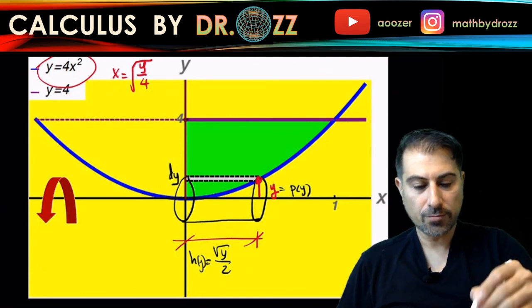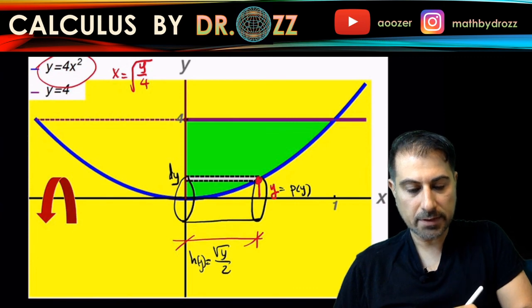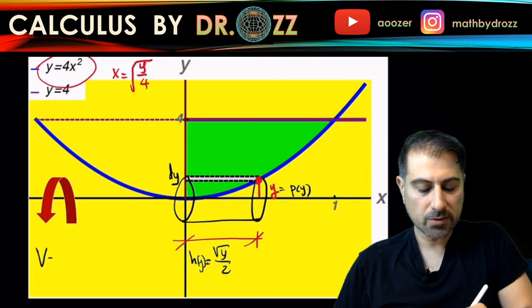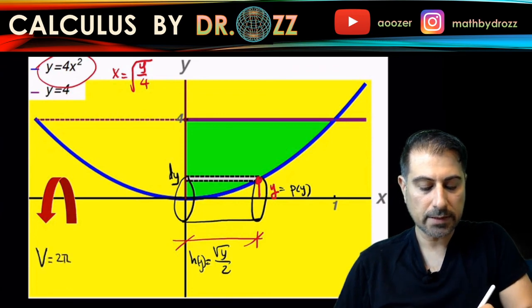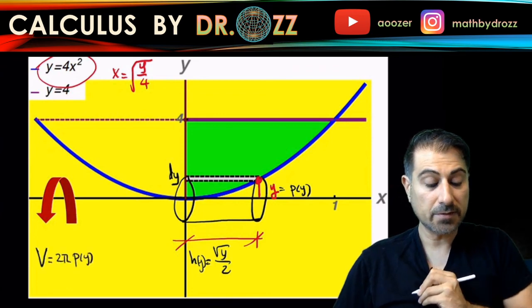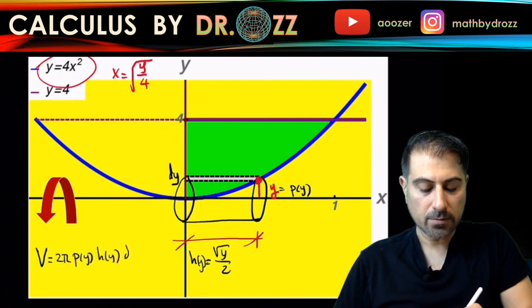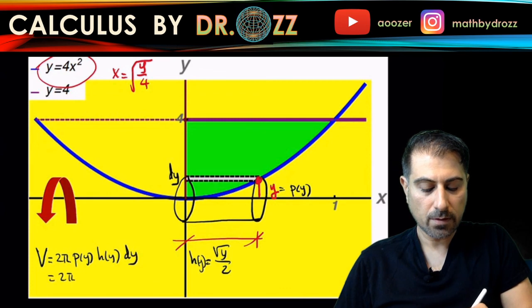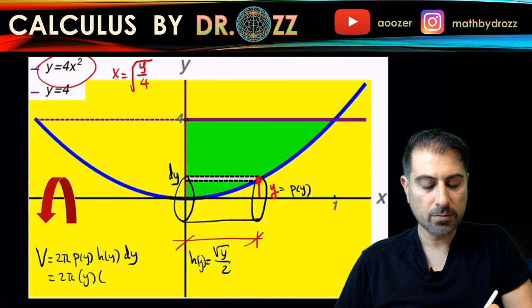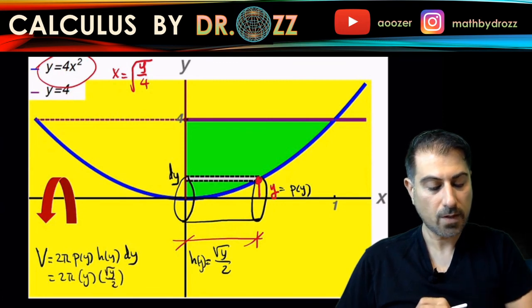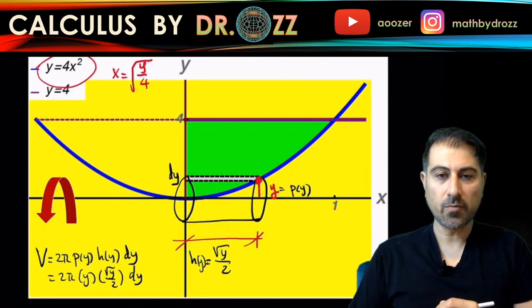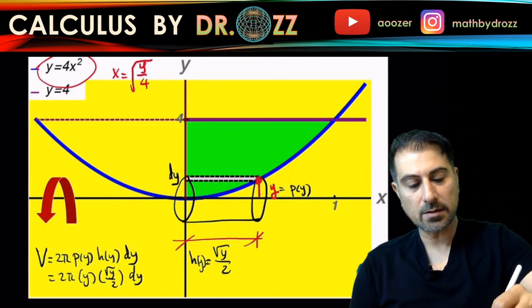All right, we can go ahead and write down the volume of the representative shell. That's going to be 2 pi times the radius, which is p of y, times the height, times dy, the thickness. So 2 pi, p is y, and this is radical y over 2 times dy. Now since we're going to write the integral in terms of y, I need to know the y limits of the region.